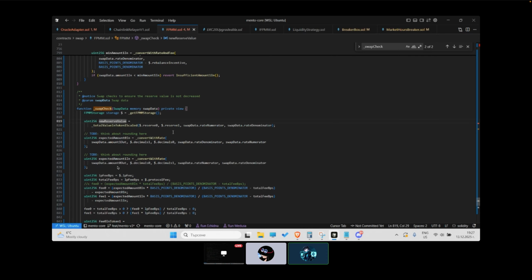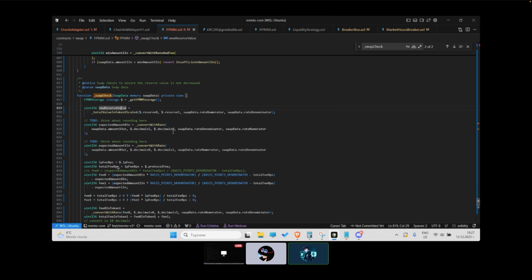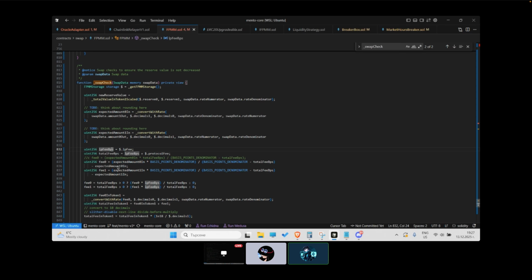Yeah, this reserve doesn't have the... But there's an LP fee. Oh my god. What the fuck? So they get rid of the protocol fee, update the reserves, but they don't charge the LP fee, which is odd.